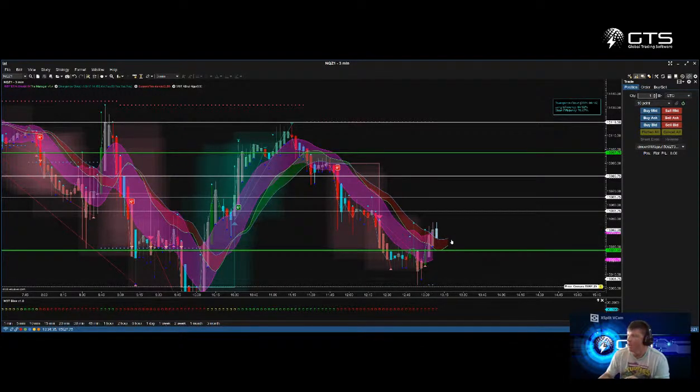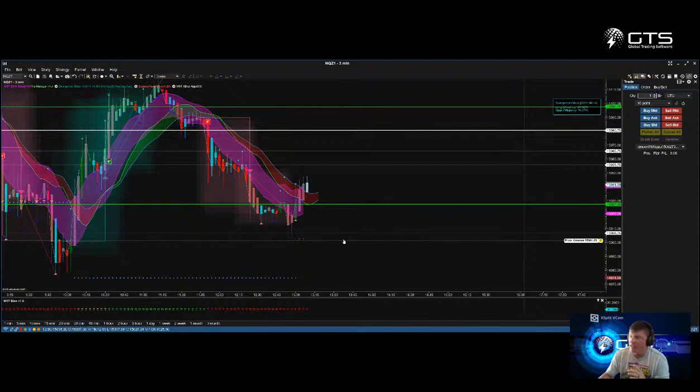So it came down, it bounced off of it, got so close to this 15,000 level right here, and then it just stopped. So we had some lower than average volume candles. Then we had a bit of a retracement with some higher than average volume candles, but then we had a high volume rejection right here.